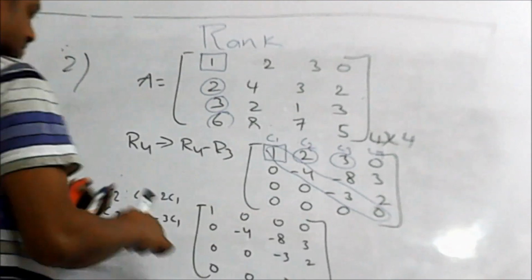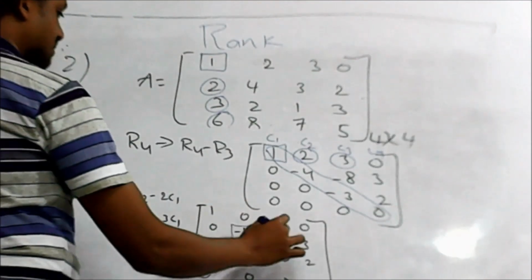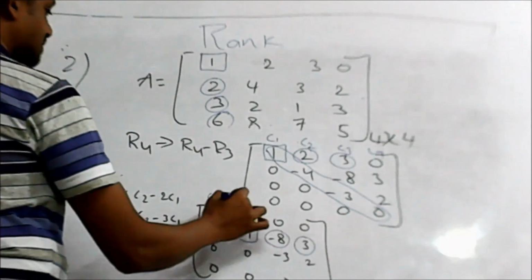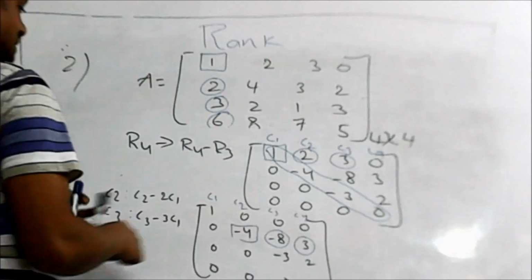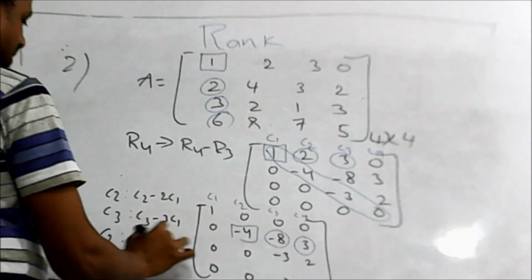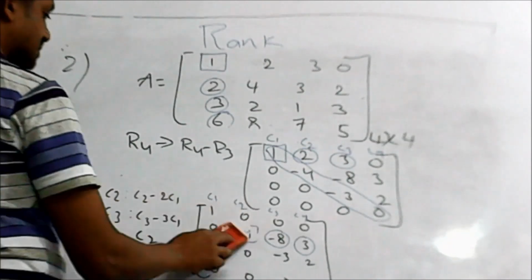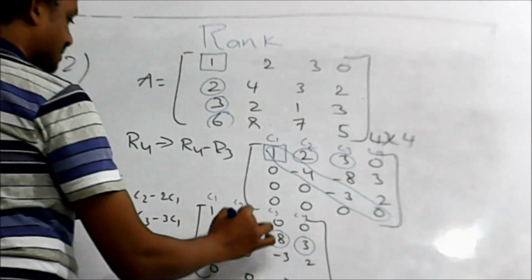Right? So next, you need to select this column and we have to make these two as zeros. How to select? C2, C3, C4. Or you can simply write C2 as C2 by minus 4. If it is 1, then our operation will become simple. So after this, it will become 1.